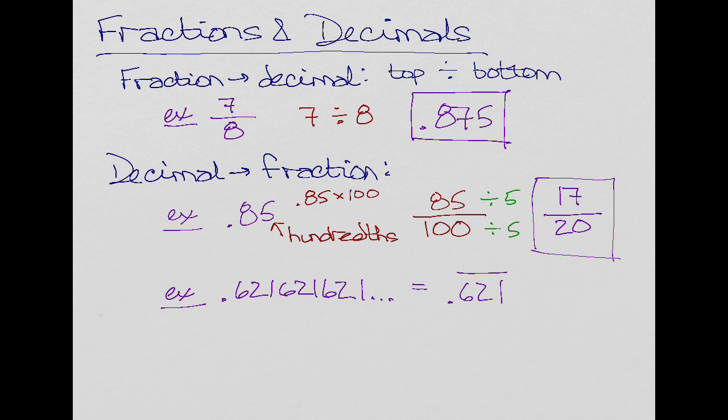What I'm going to do in this case when I have a repeating decimal is I'm going to count how many places are in the repeated segment. So I have 1, 2, 3 digits that are repeating over and over and over. My denominator is going to be that many 9s. So this is 3 digits.